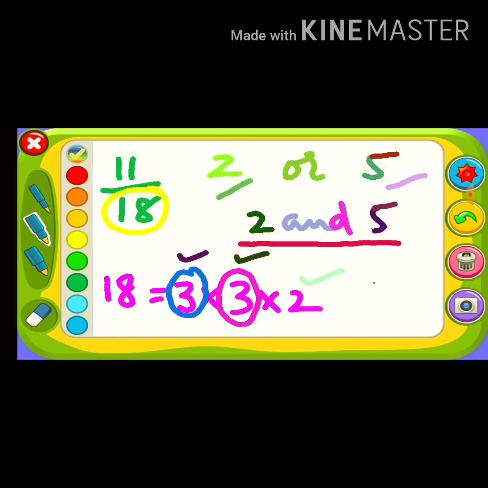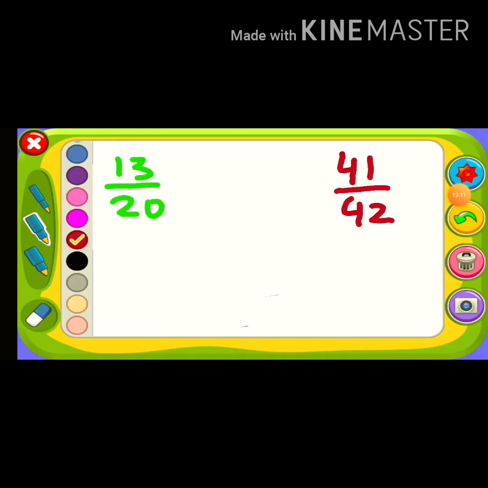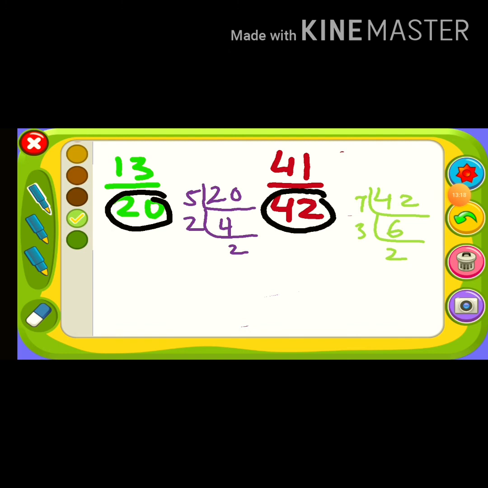See the last 2 bits, 13 by 20 and 41 by 42. Let's solve them. Consider the denominators 20 and 42. If we look at their prime factorizations, 20 is equal to 5 into 2 into 2, whereas 42 is equal to 7 into 3 into 2.